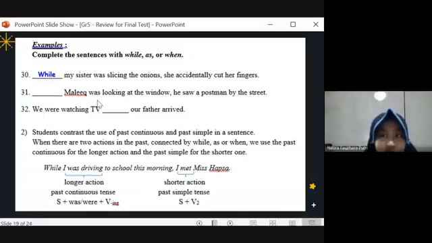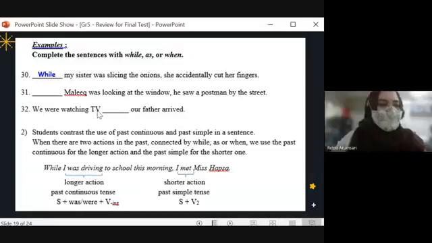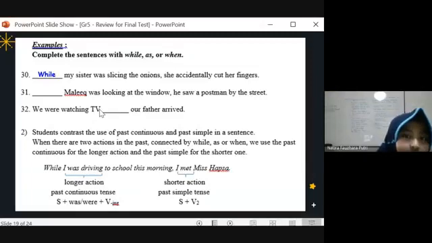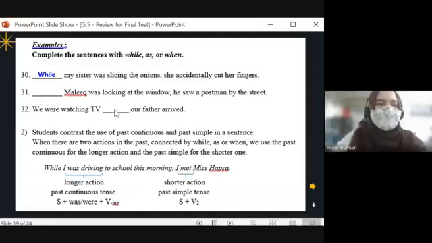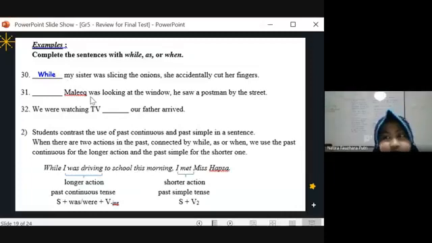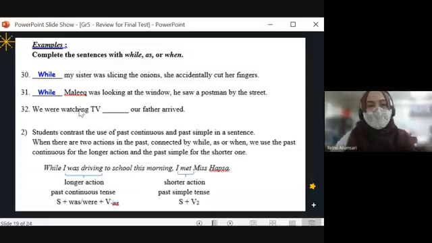As Malik was looking at the window, he saw a postman by the street. Well done. But can I put while here? Yes. The answer can be while or can be as. Well done. Okay.